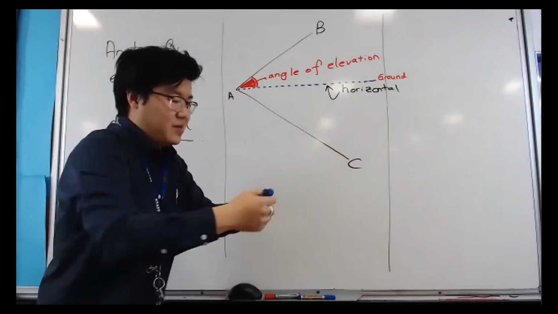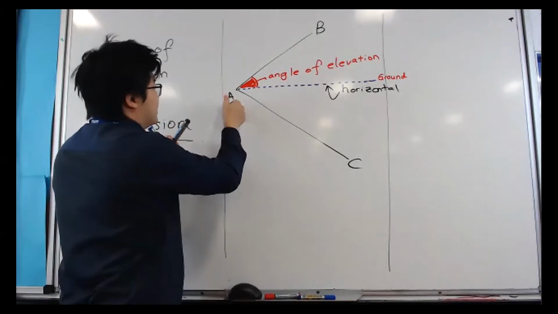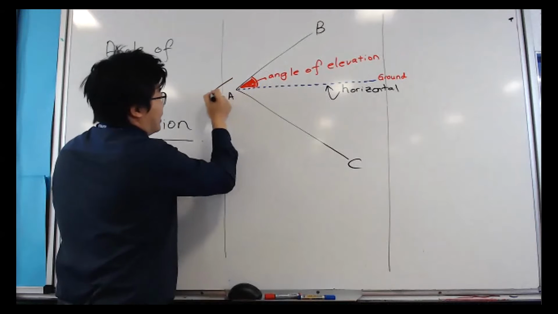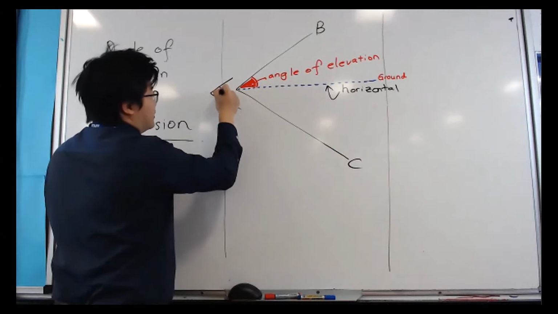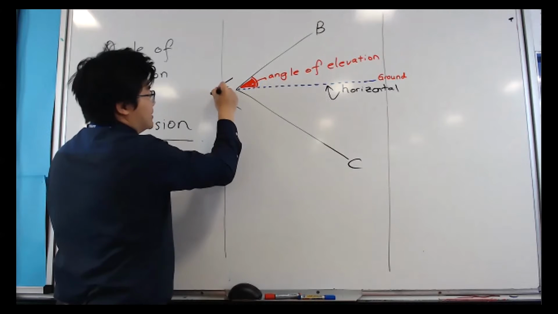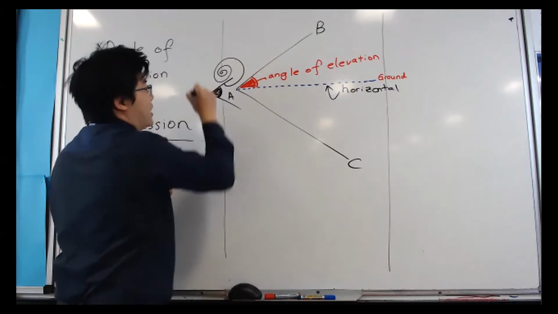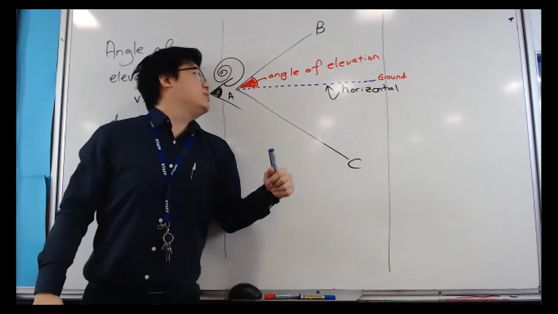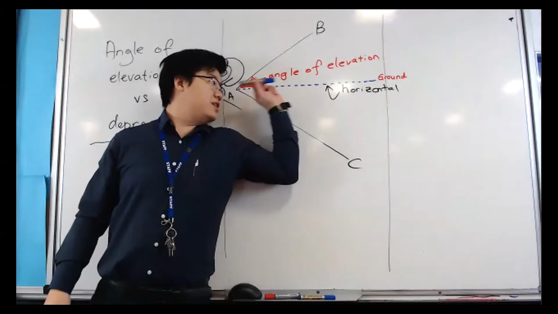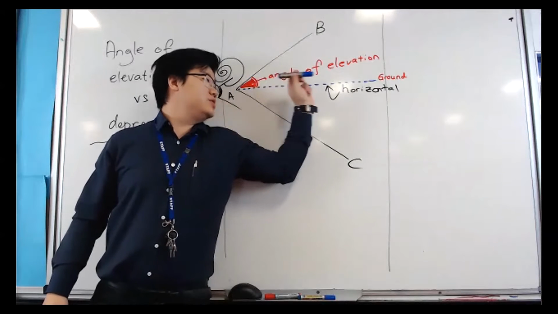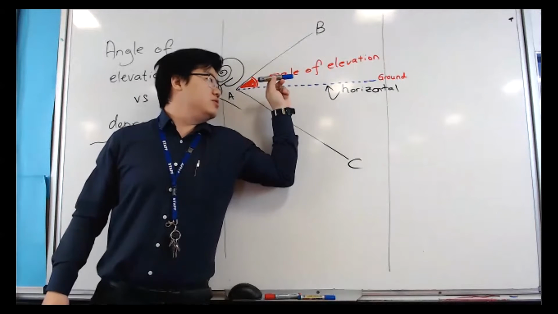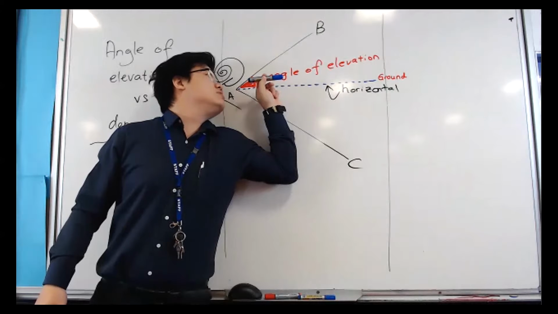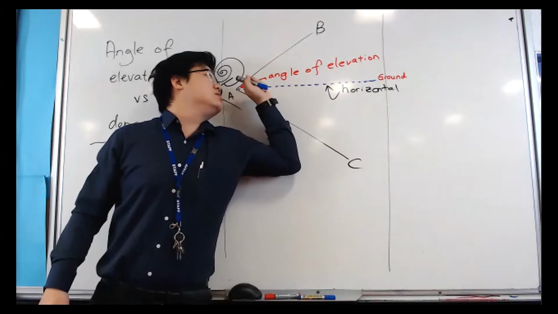Let's say, for example, I put my eyes right there, that's my eyes, that's my eyebrows. If I'm looking at the ground, my eye level is parallel to the ground. When I look up, that's the angle of elevation.